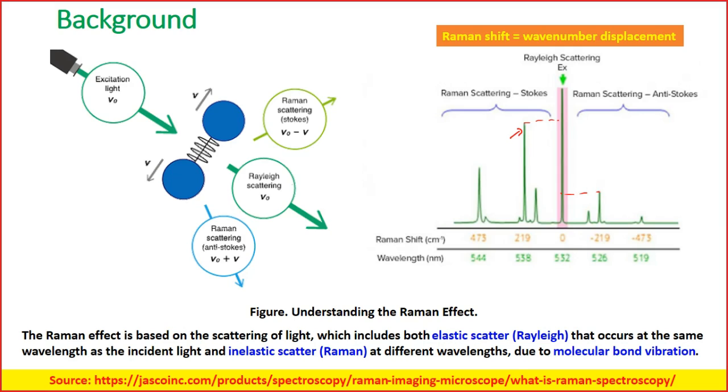What we need to do, just like in UV visible spectrophotometry, is make a standard curve, and from that standard curve we will find out the intensity of the Raman scattering, and from there we can find out the concentration of the solution.